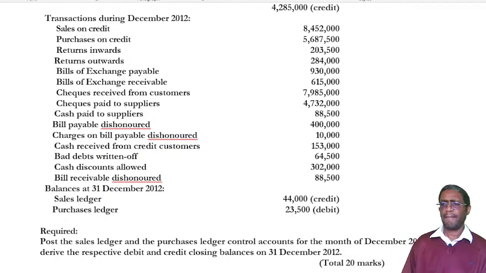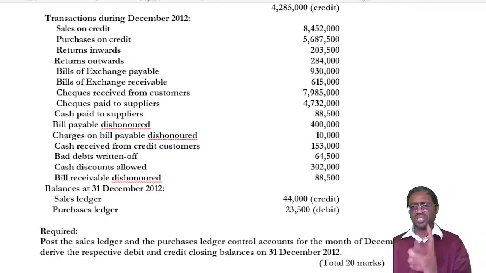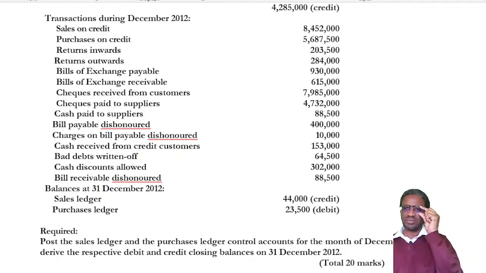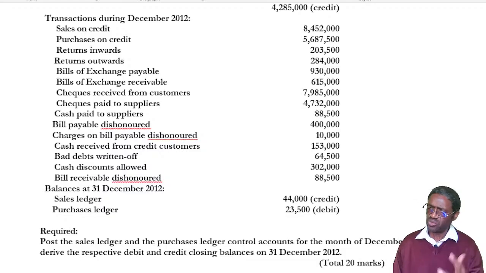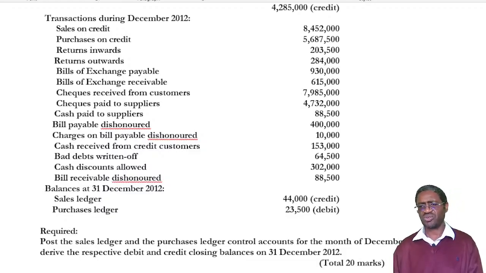Next one. After that, charges on the bills dishonored. We have cash received from credit customer. That's okay. We had just sold goods to your customers. Now they are paying us. So we reduce what they owe us. Cash received. So go to the customer's account.